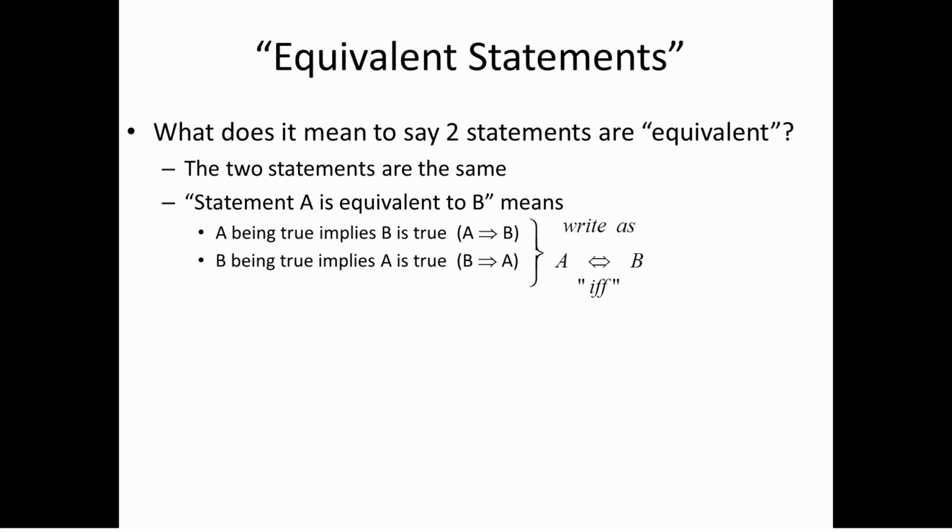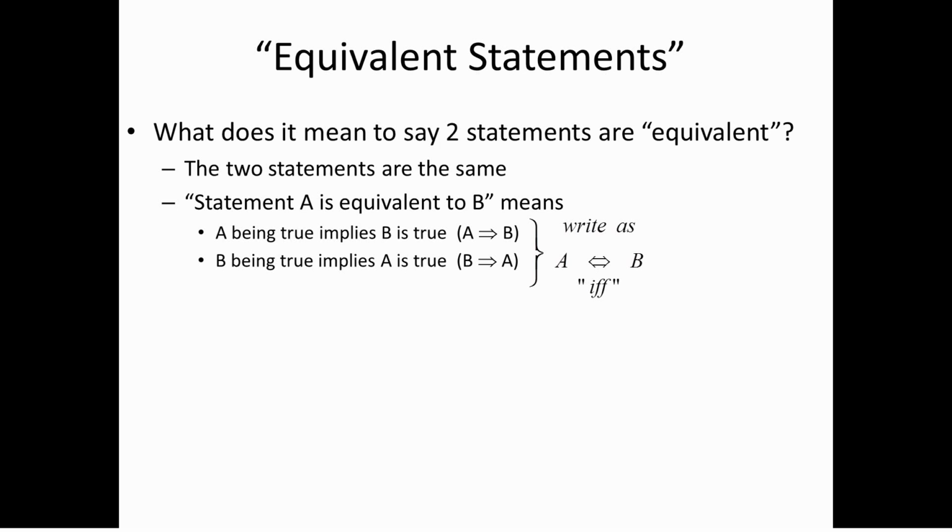They basically mean the same thing. They're just different ways of saying it in a sense. And we write this as A if and only if B, which we sometimes write with a double arrow, meaning that A implies B, but B implies A also. And in order to prove that two things are equivalent, we have to prove both directions hold. Given that A is true, it follows that B is true, and given that B is true, it follows that A is true. And then we've proved both directions of the implication.